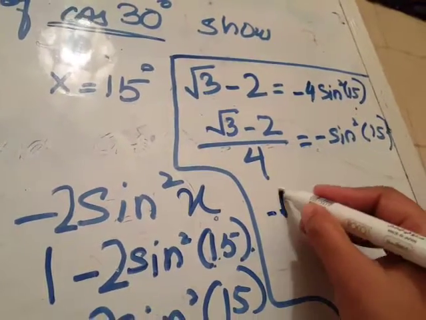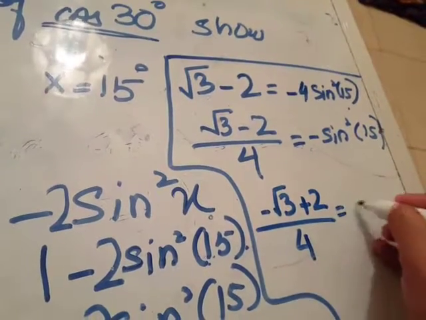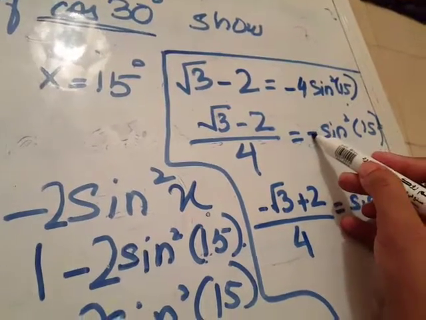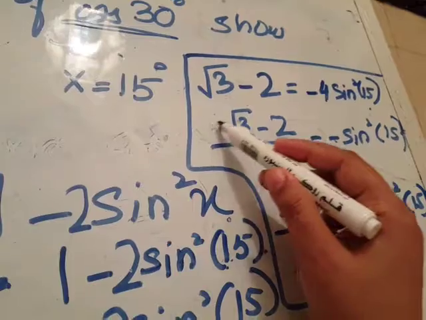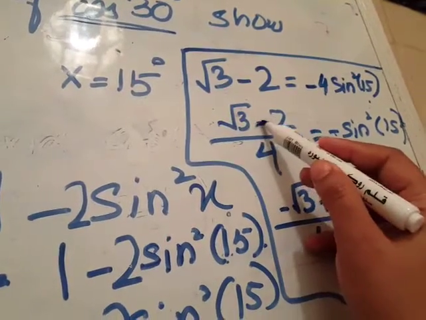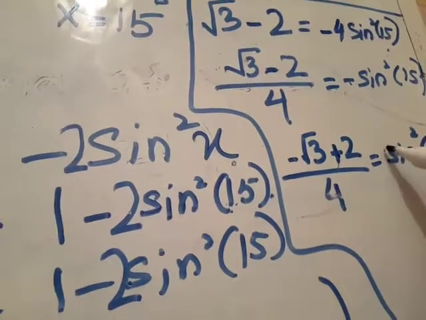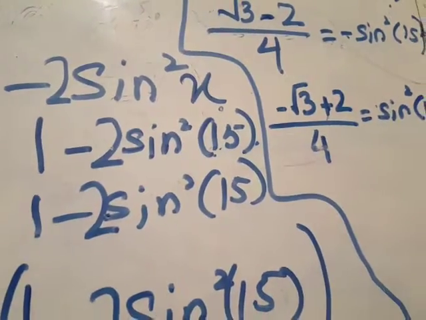So I can write, minus root 3 plus 2 over 4 equals sine square 15. Plus multiplied by minus is minus, minus multiplied by minus is plus, and this minus multiplied by minus will again be plus. So that's why I made it positive.